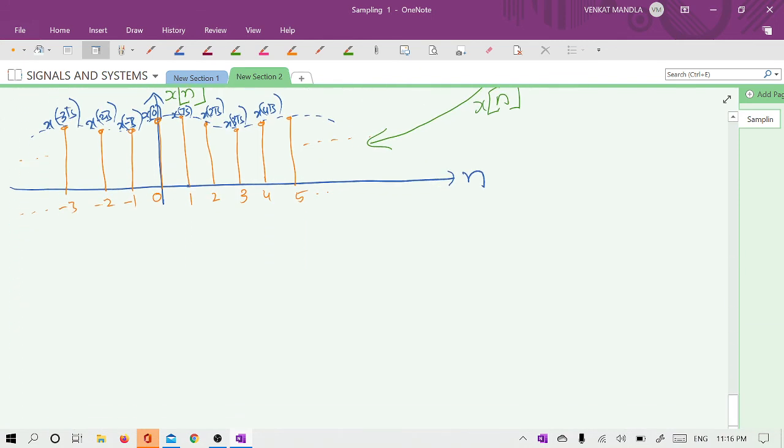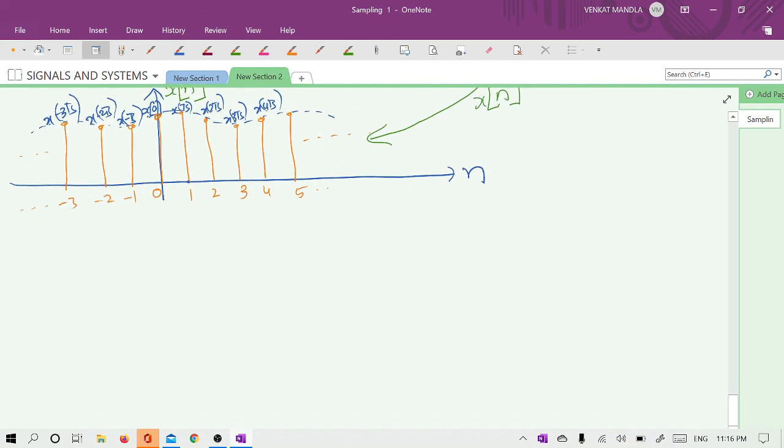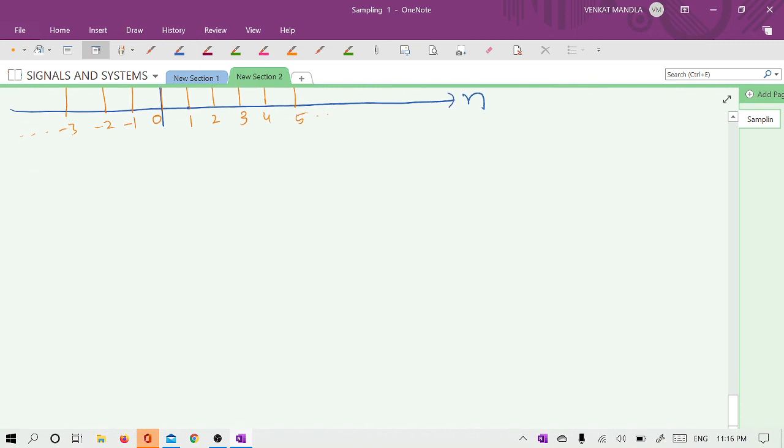Here I want to declare some points regarding the representations. I will reserve these curved brackets for the continuous case throughout the course, and I will reserve the square brackets for discrete.